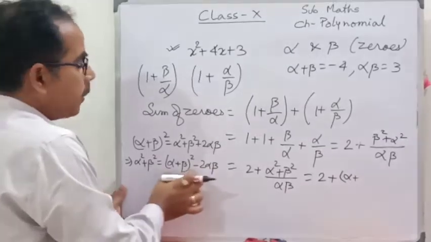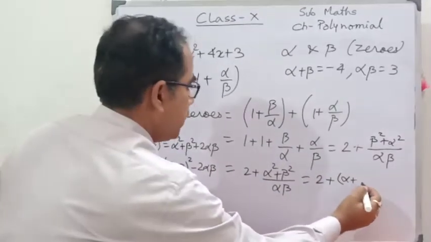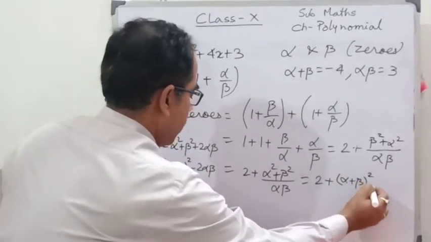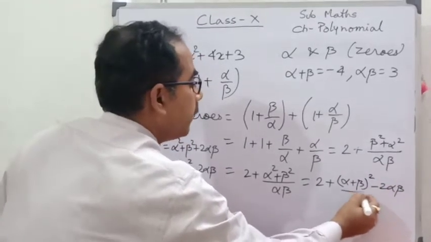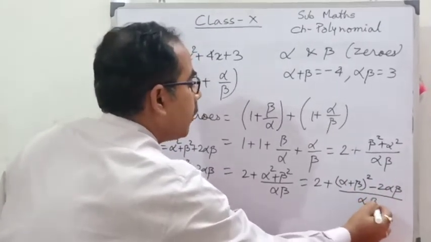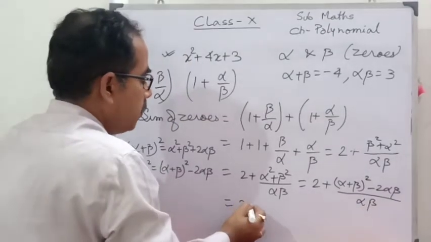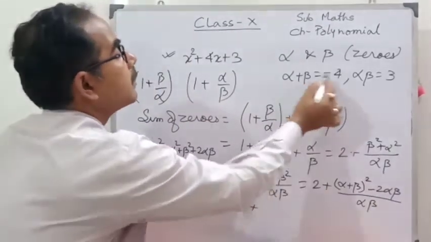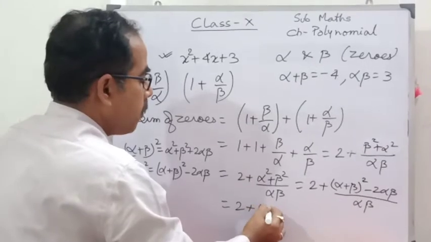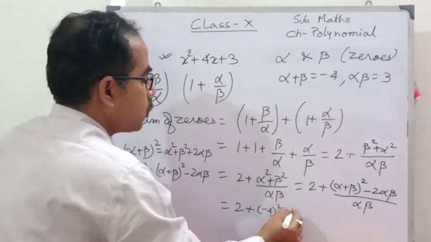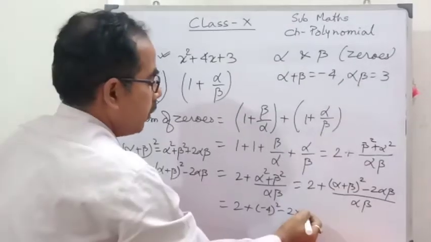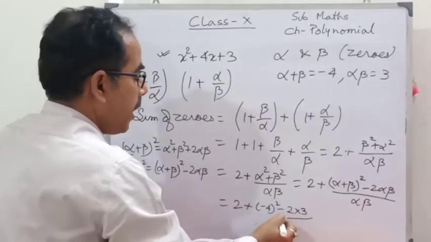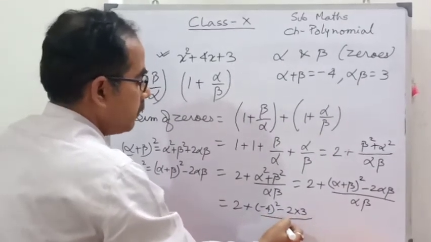So just put this value over there: alpha plus beta whole square minus 2 alpha beta, whole divided by alpha beta. Now put the values. 2 plus, alpha plus beta, just now you have got minus 4, whole square, minus 2 into alpha beta, alpha beta is 3, whole divided by alpha beta, which is 3 once again.